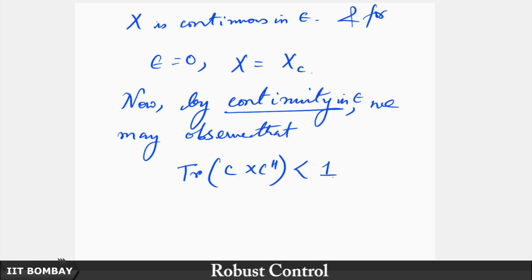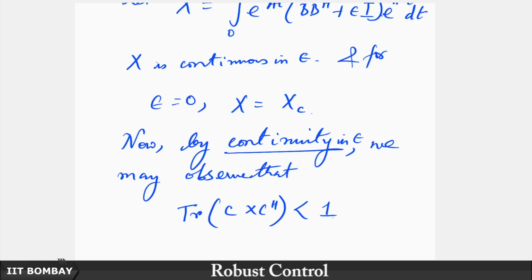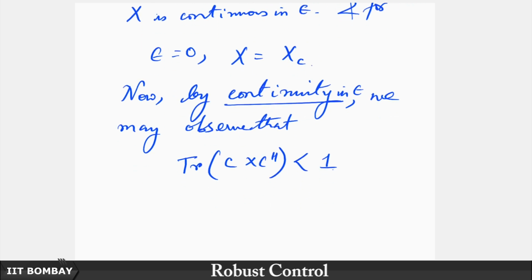So, if you see, X and Xc are chosen to be very close to one another, they are related by this, because of the continuity. If you keep changing epsilon by small amounts, X will be in a small enough neighborhood of Xc. So, if X is very close to Xc, then after all this trace of C X C Hermitian is also going to be very close. So, you can always choose some X that is close enough to Xc such that that trace is also less than unity.